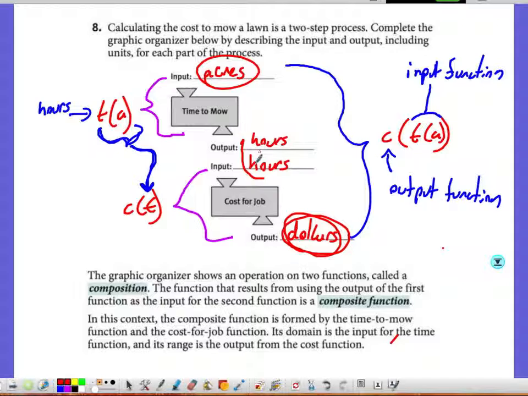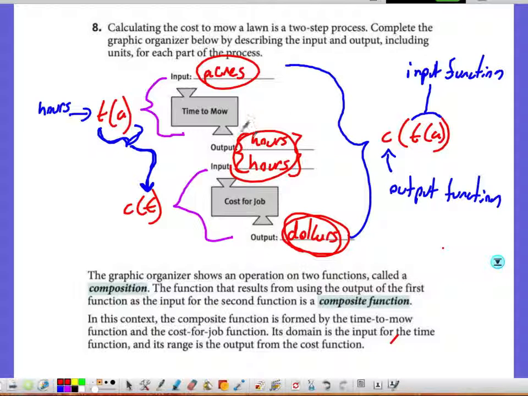Notice that the outputs, which are both hours, are exactly the output of my first function and the input of my second function. That is what is special about composite functions. The output of the first function should always equal the input of the second function.